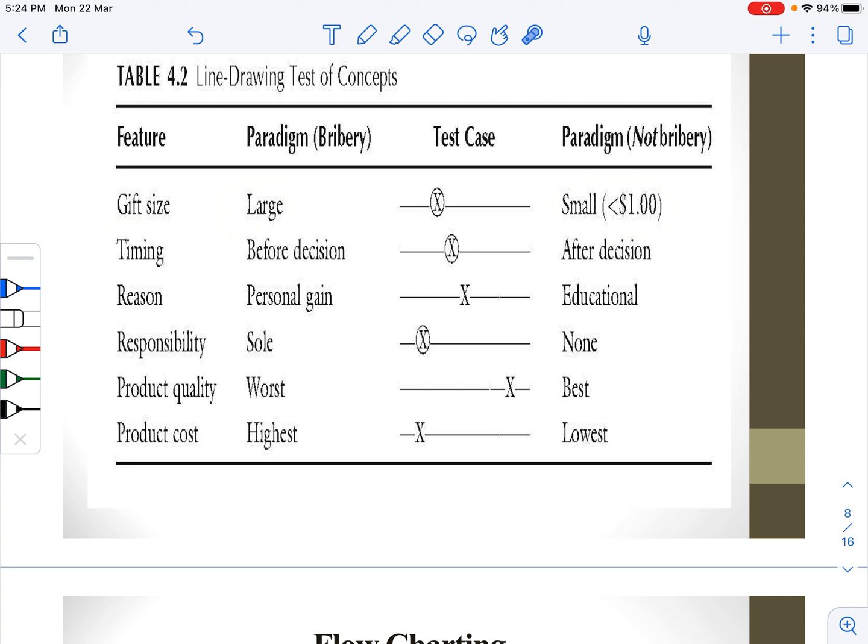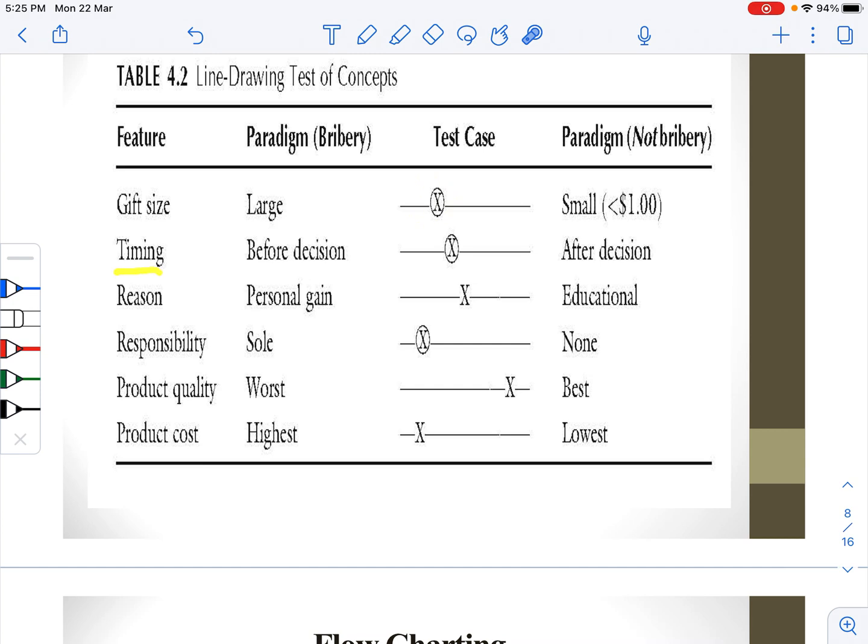Large, you say beyond 10,000 US dollars. Small is less than one US dollar. Then you make a line and you draw where you think it is. It's a bit subjective. You say, this amount is actually not that small, but it doesn't go up to 10,000 US dollars yet, so maybe it's 8,000 US dollars. So you put it here, something like that.